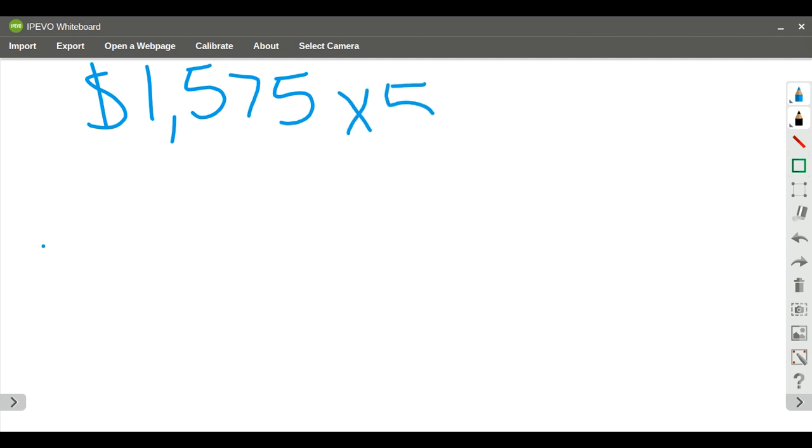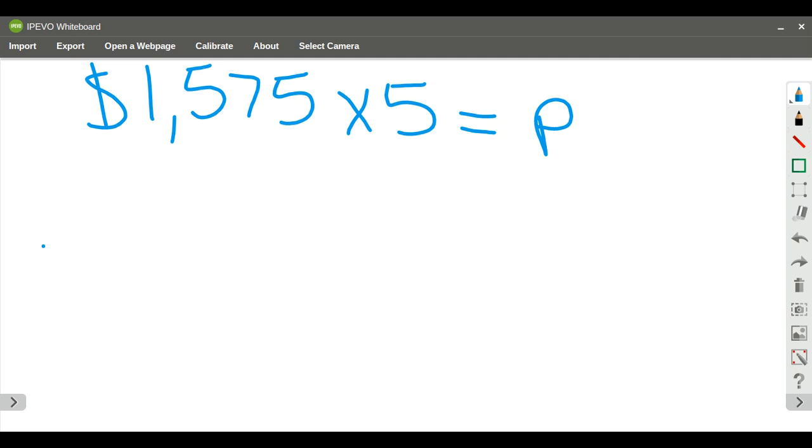So those are my two factors. So the price of the painting and then how much it sold for in 2015 are my two factors. Now my product or the total or the new cost, they didn't tell me. It didn't say in 2015 the painting cost X amount of dollars. So we don't know. So we're going to look at using a variable to determine what the cost is going to be. So I'm going to go ahead and use P for the price of the painting.